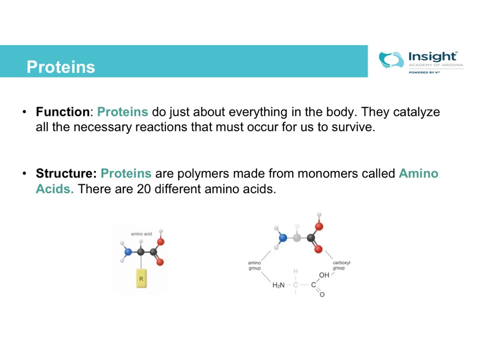So proteins are the molecules that do pretty much everything in our body. All right? They have structural purposes, like your hair is made out of protein, but the most important purpose of a protein is the fact that they catalyze. Should be a word that maybe you remember from Unit 5.